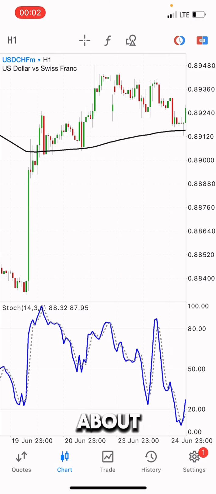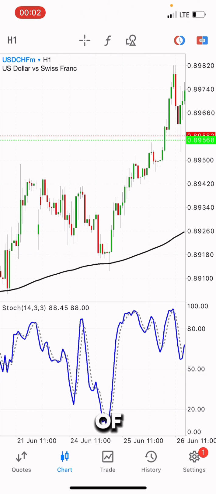The secret about this strategy is you wait for price to cross either above the moving average or below the moving average. Once the market goes above the moving average, that's when you start looking for buys, and once the price goes below the moving average, you start looking for sells.